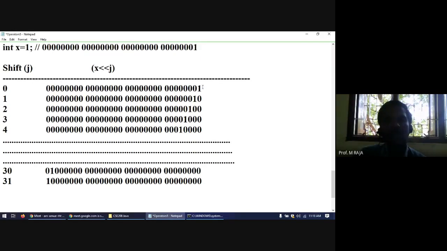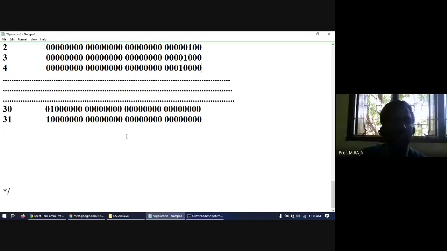Now, these are the values, right? You can easily find out 1, 2, 4, 8, 16, 32, 64, etc. Here you will have the maximum value of, for example, 2147483648. This is the value of this quantity.